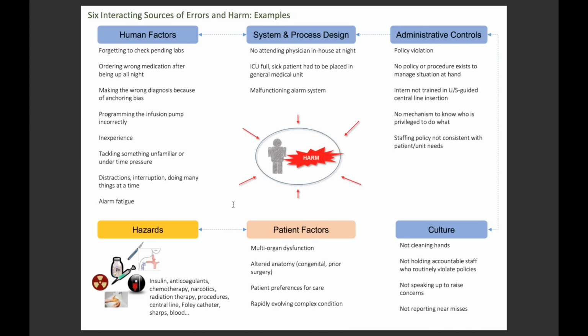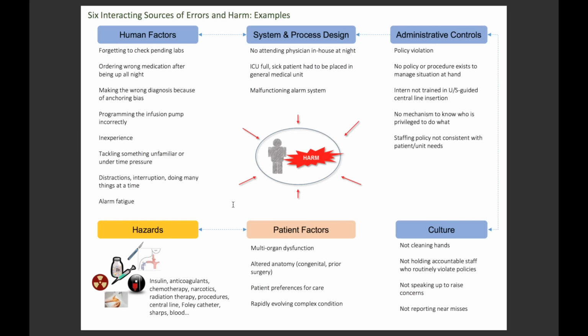So there are 6 ways to think of interacting sources of error and harm. And if you can organize yourself around these 6 categories, almost in any event that occurs, you can place what happened into one of these 6 categories. So there's human factors, and we're all human, and we're all able to make mistakes.